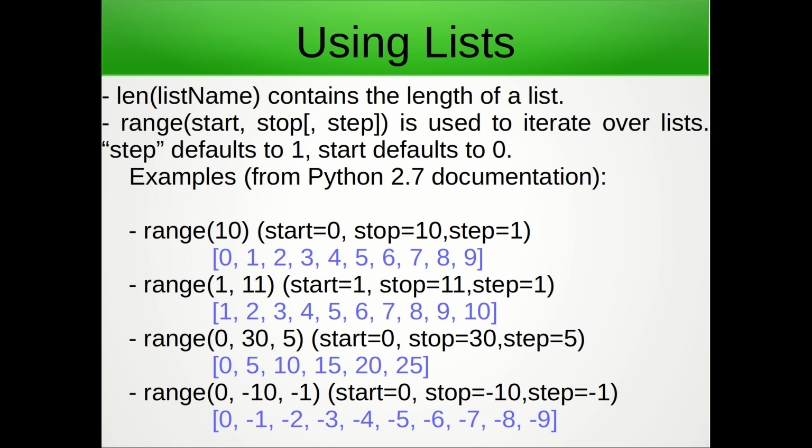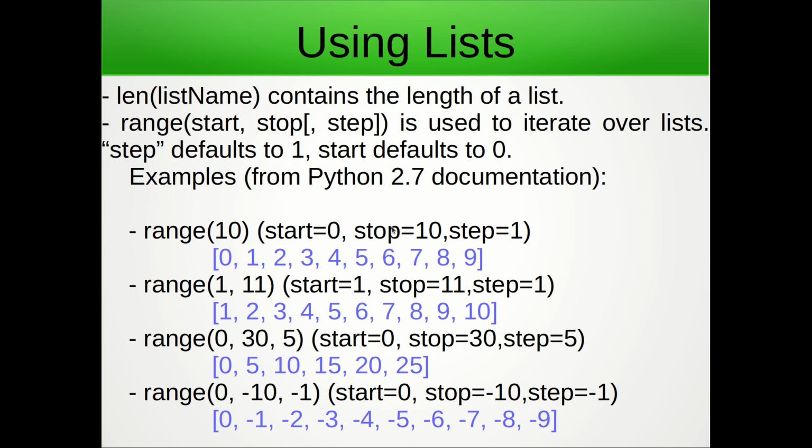And there are several ways to do this, but one very widely used way is to use the range function, which gives me, given up to 3 parameters, a list of integers, a list of indices generally. Okay?